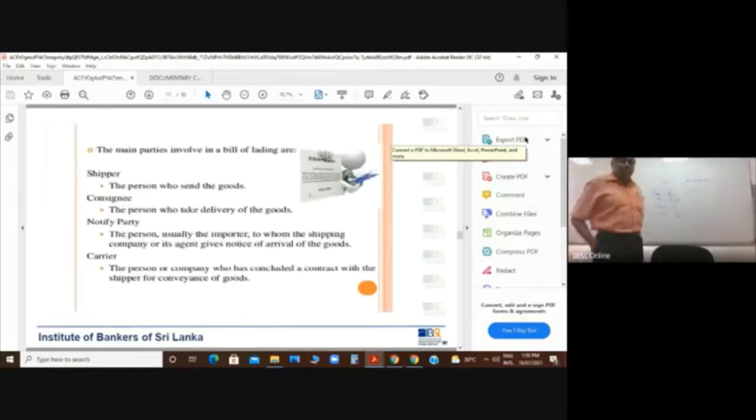The main parties involved in a bill of lading are the shipper. Shipper is the seller, the person who sends the goods. Then consignee, the person who takes delivery of the goods. Either you can consign to a party or you can consign to a bank. Right? Then notify party.